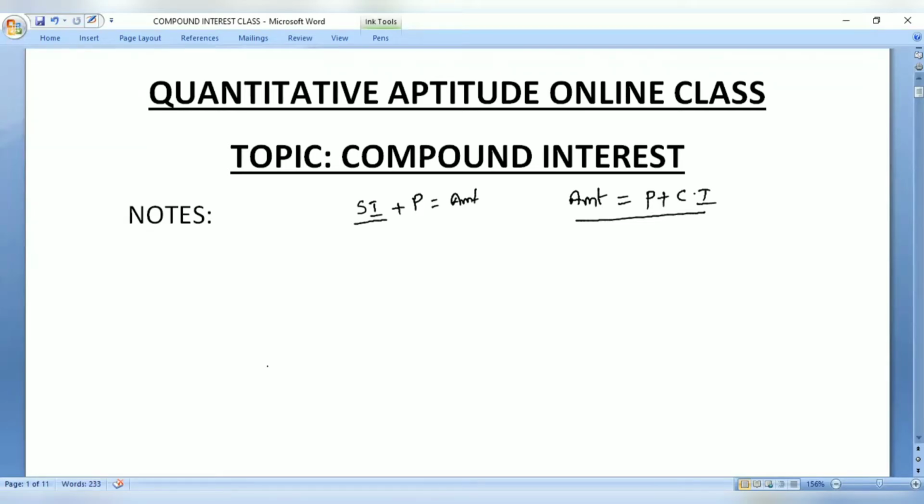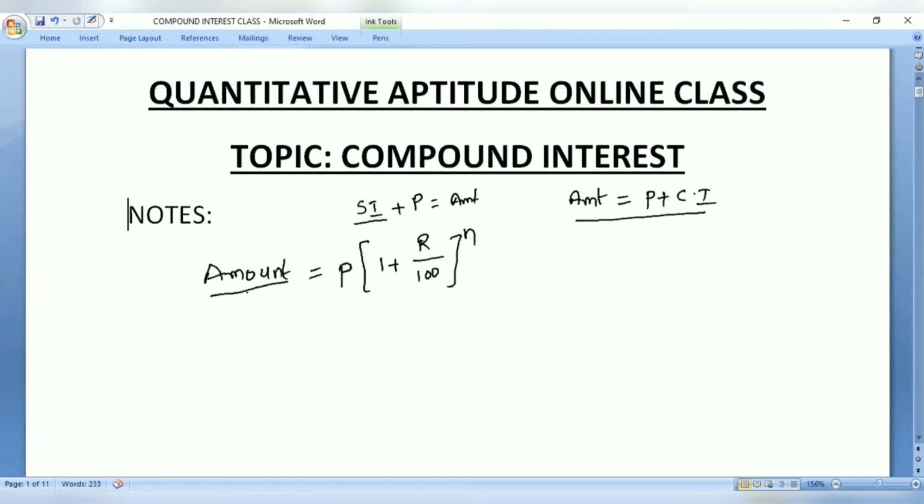So the formula for the amount in compound interest, if you want to calculate the amount, is P into (1 plus R by 100) whole power n. This is the formula to calculate the amount.